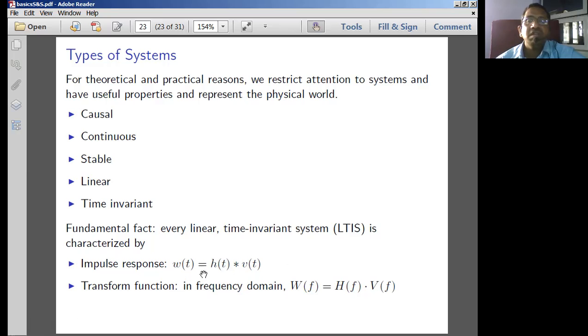So this basic convolution process is known as the impulse response of the system. That means this h of t is basically equal to the response of the system to the impulse signal. When the input of the system is an impulse signal, it is going to give us a response in terms of h of t, which is nothing but the characteristic of the system.